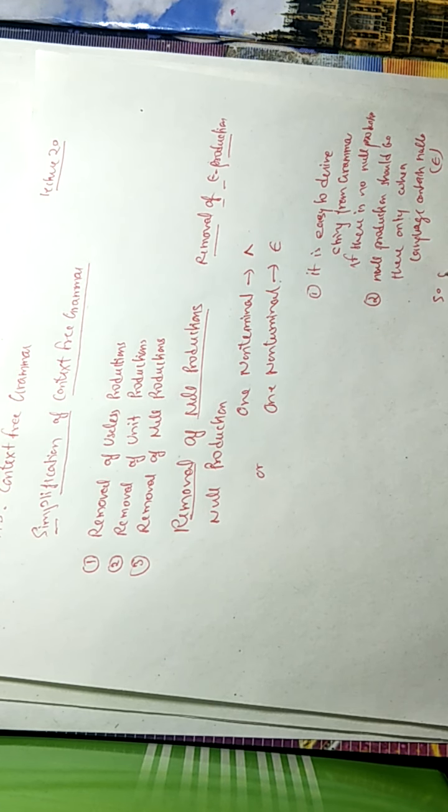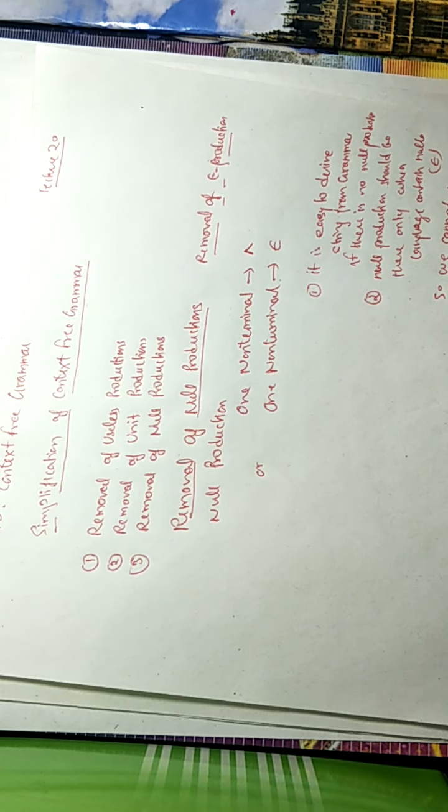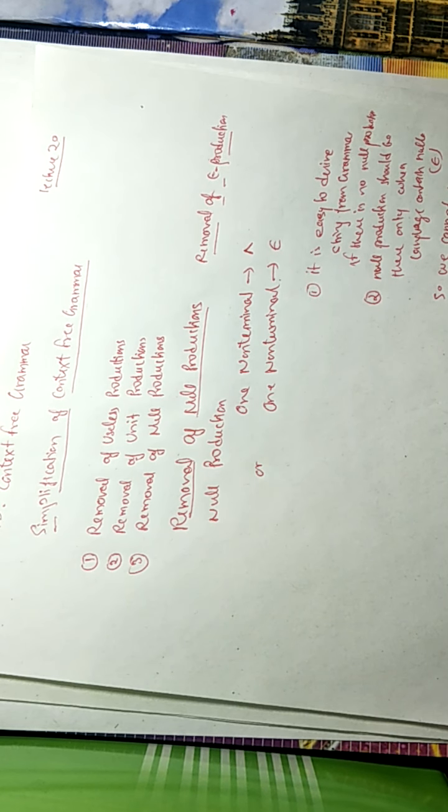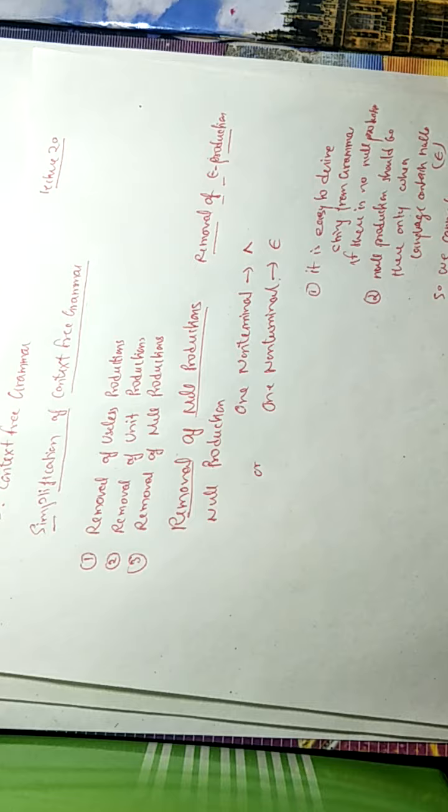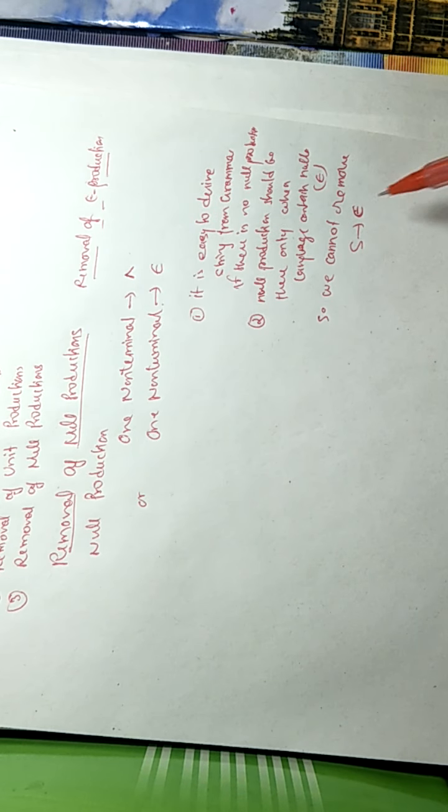So we cannot remove S tends to epsilon. Why can we not remove S tends to epsilon? Because it means that epsilon is a part of the language. If we remove this production, then the language of the simplified grammar will be changed.